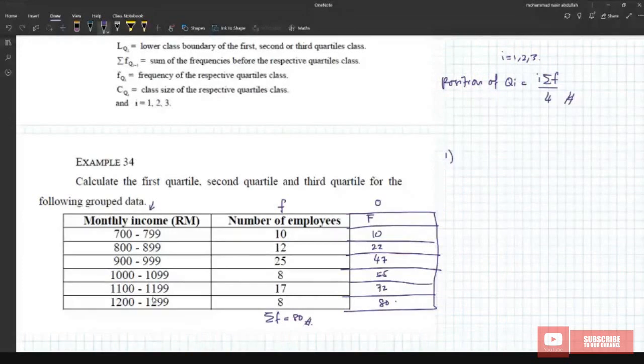Step number 1 is we need to position the quartile class. Step number 2 is we need to locate quartile I class. And then step number 3, this is the same step as how to calculate median in group data.